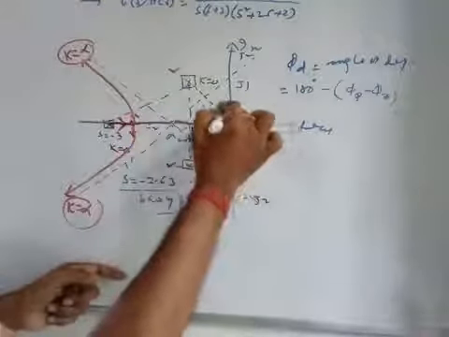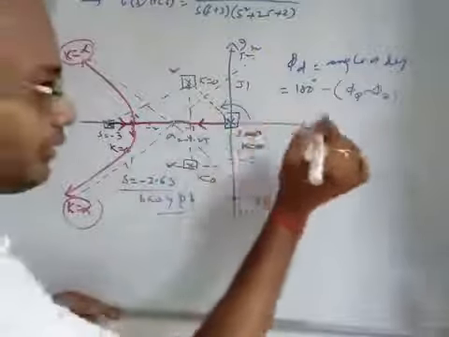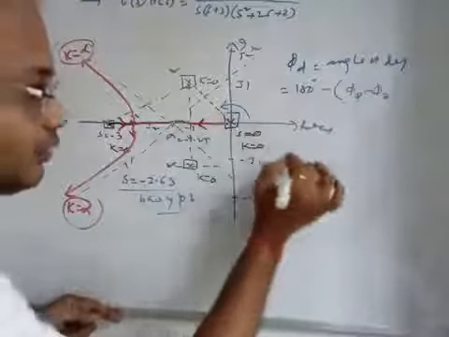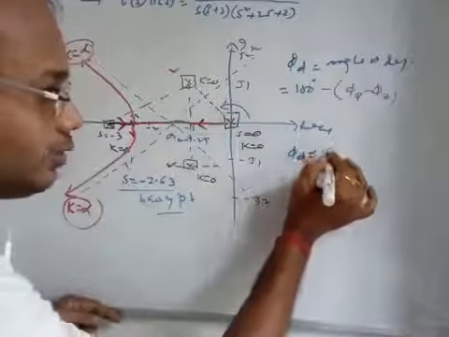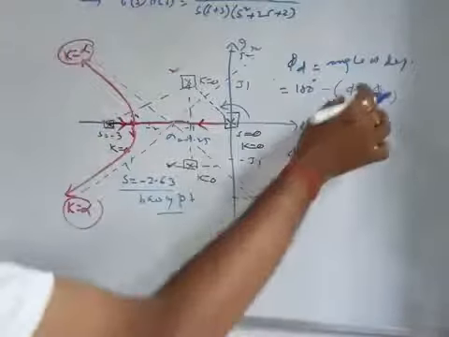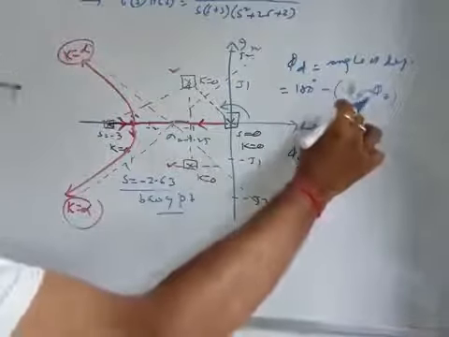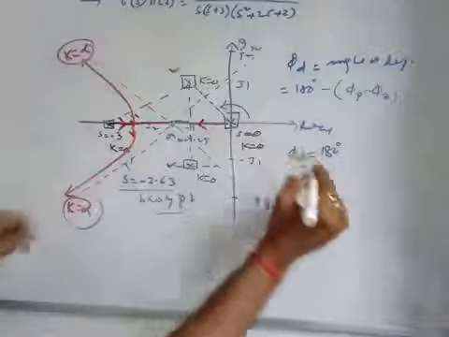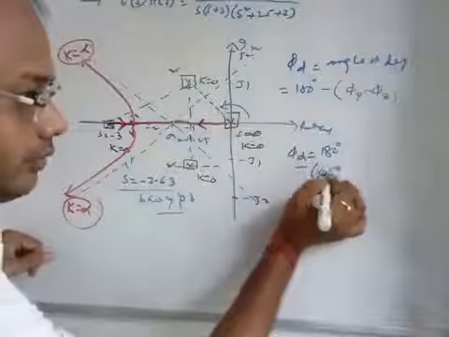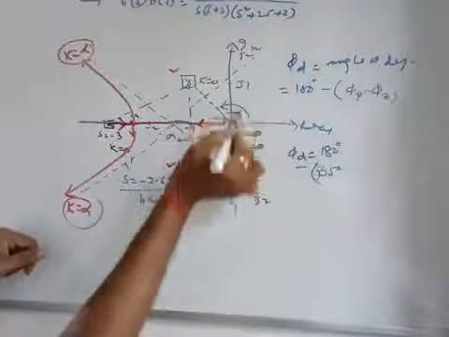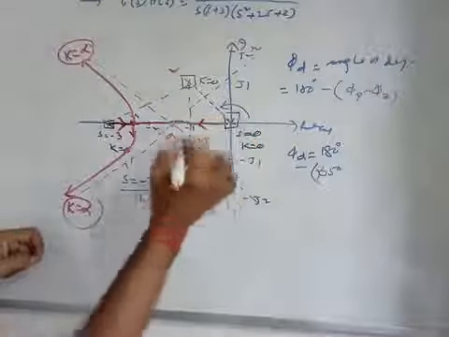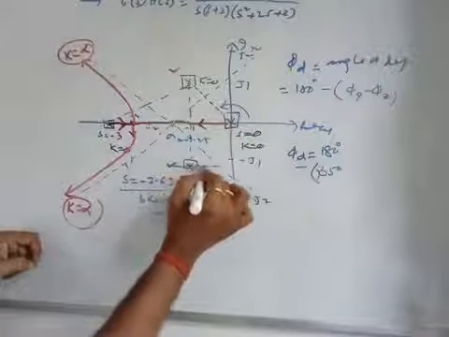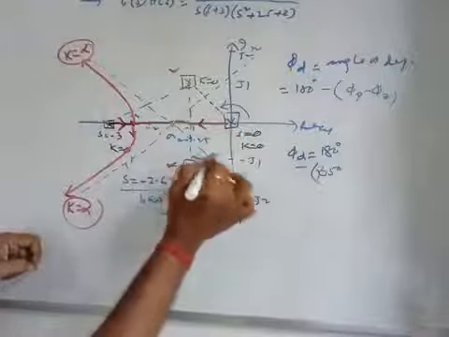This is one angle, this is 135 degree, that means this phi d I will write as 180 degree minus total angle contribution due to the poles. This is 135 degree positive, because we are measuring this angle in the anti-clockwise direction, and from this pole to this pole, if you make a horizontal line here, you will get 90 degree.